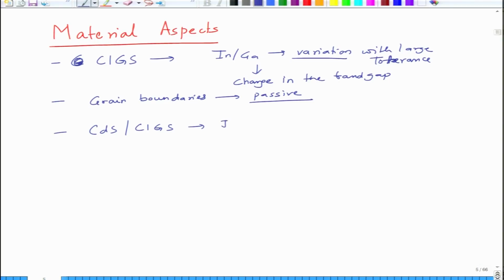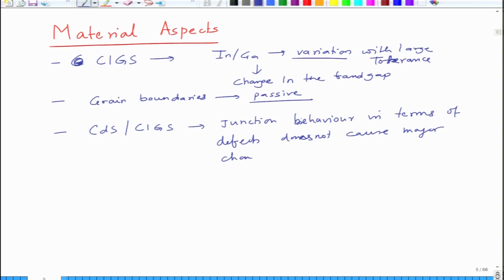The junction behavior in terms of defects does not cause major change to the device performance. So these are a few aspects of CIGS which are pretty advantageous: the grain boundaries are passive and the metallurgical behavior of the junction does not affect the device performance that much.